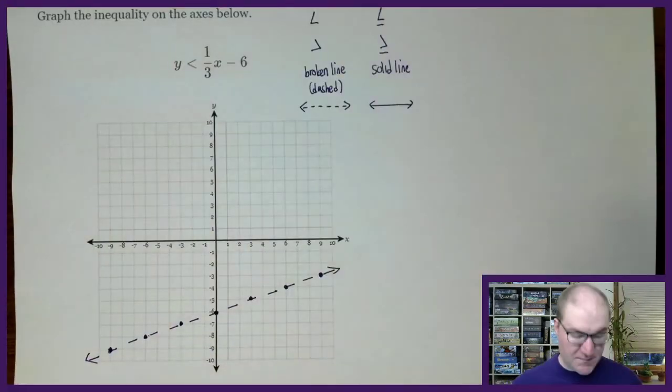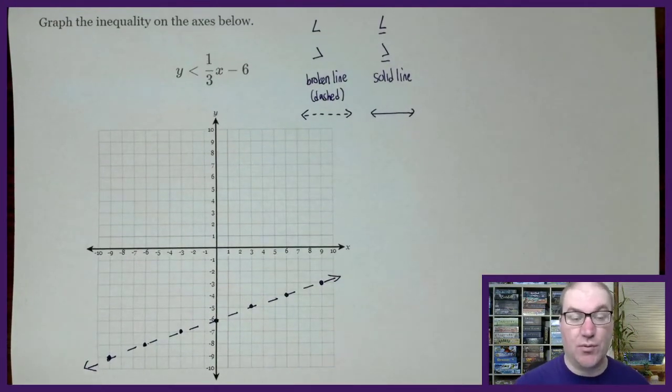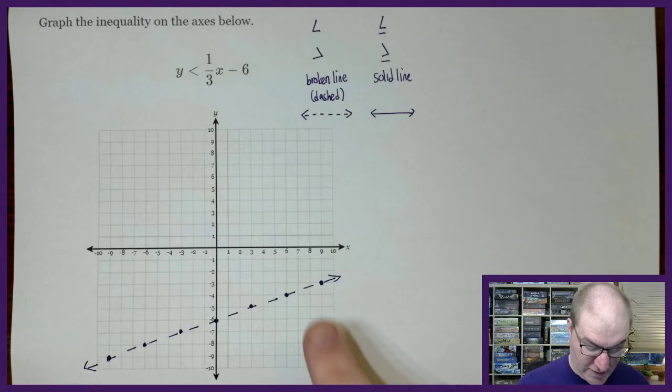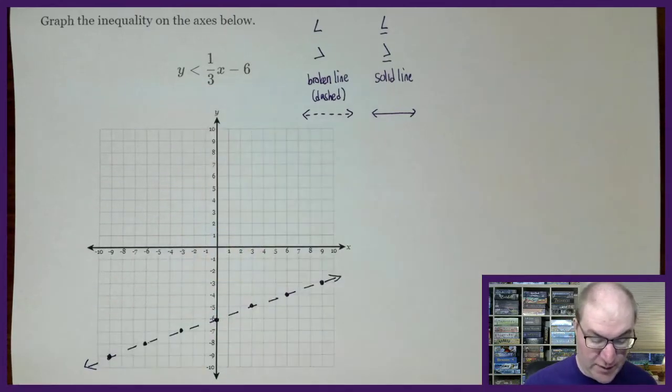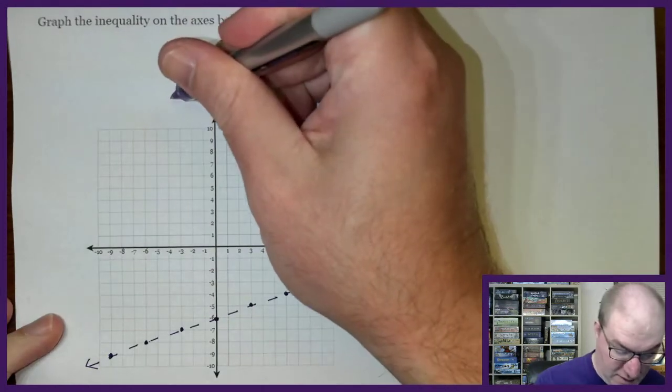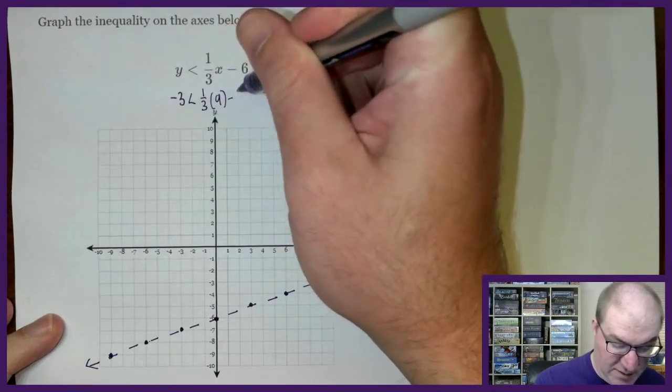Perfect. All right. Now, what a dashed line means, what a broken line is, is a boundary that doesn't actually include any of the points on it. So all those points I just made are not actually solutions to this inequality. If I try to put 9, -3 into this inequality, I would get -3 is less than 1/3 of 9 minus 6.